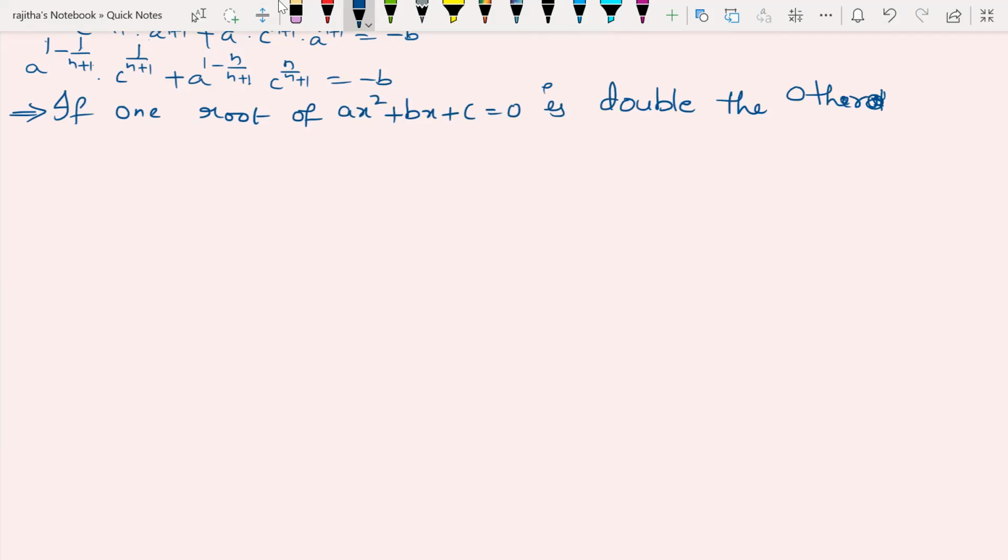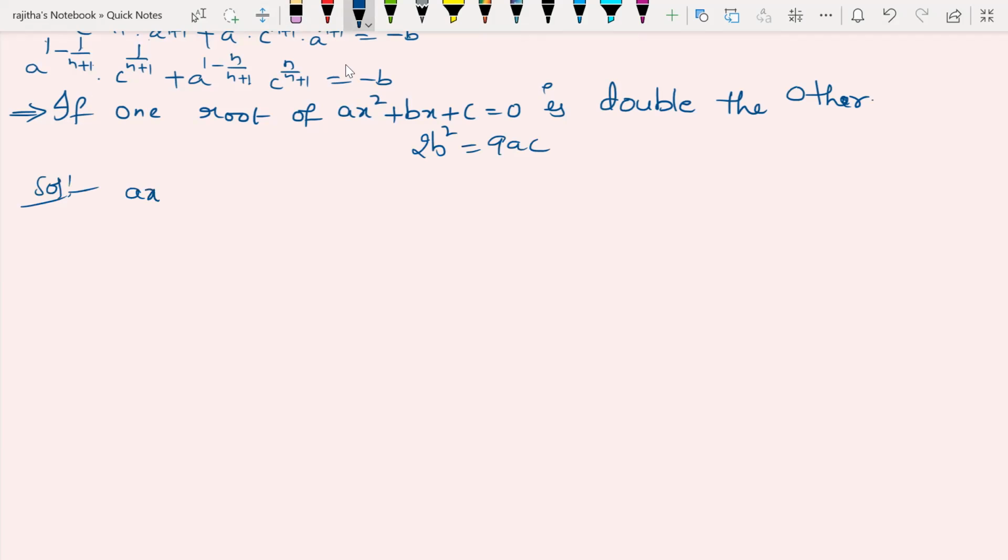One root of the equation is double the other. Then what is the condition? Our condition is 2b square is equal to 9ac. Here I prove this one.